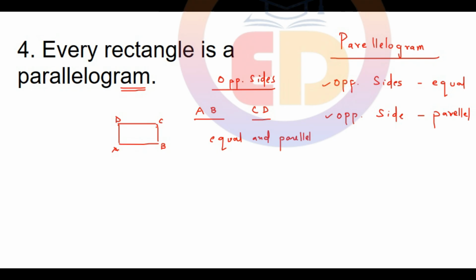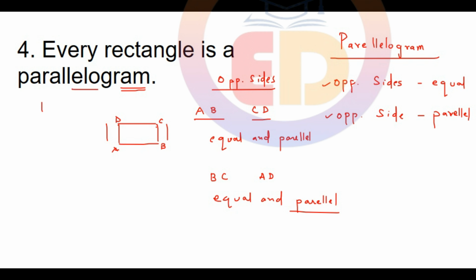Similarly, another opposite sides BC and AD, they are also equal and parallel. So we see that a rectangle is actually following the conditions of a parallelogram. And going by that, we can say that a rectangle is a parallelogram.